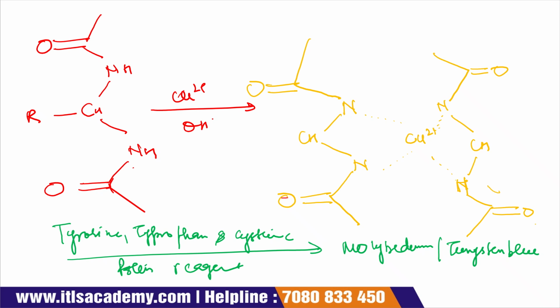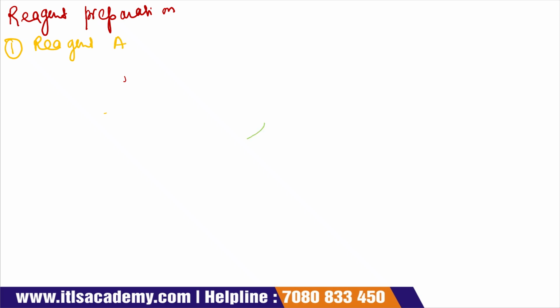Now come to the next topic, that is your reagent preparation. So for reagent preparation, first of all, we have to prepare reagent A. This reagent A is prepared by two solutions.